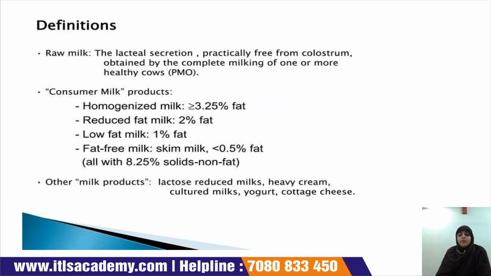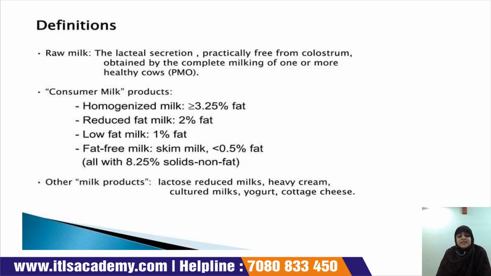First of all, we are going to see the basic definition of raw milk. We already discussed this in detail in the lecture on the introduction of milk and milk products, where the definition of milk and all the basics were covered. Here we just do a quick recap.